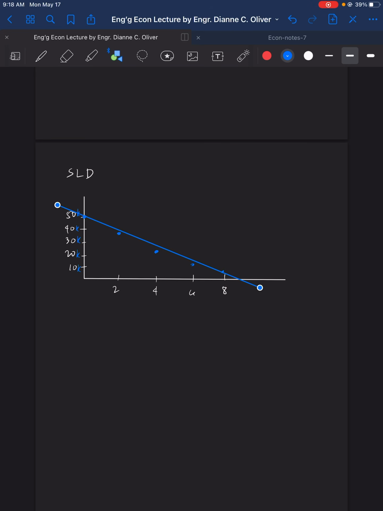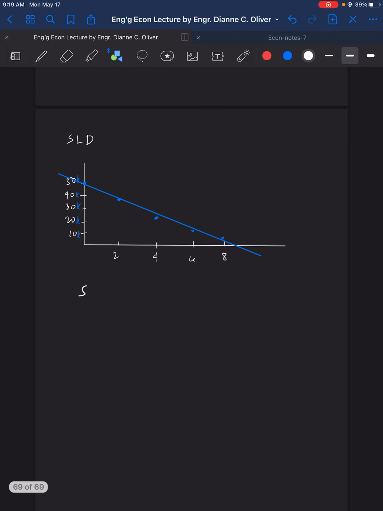So it's actually a straight line. If you graph this on graphing paper, you can see that it is definitely a straight line. And let's go to the next one, the sinking fund method.